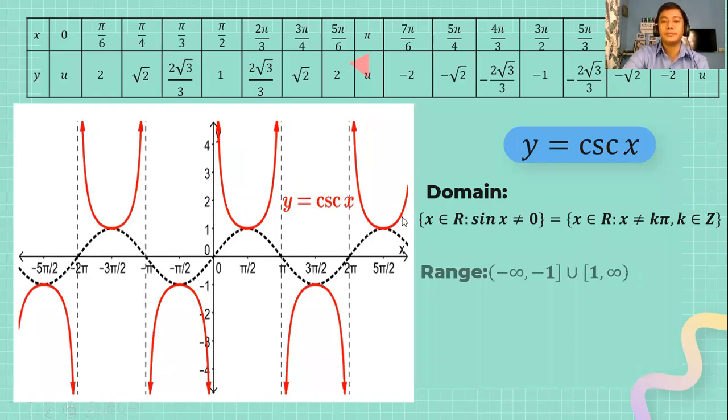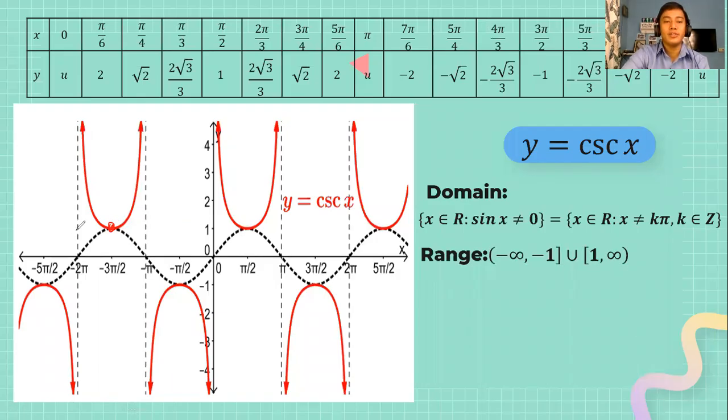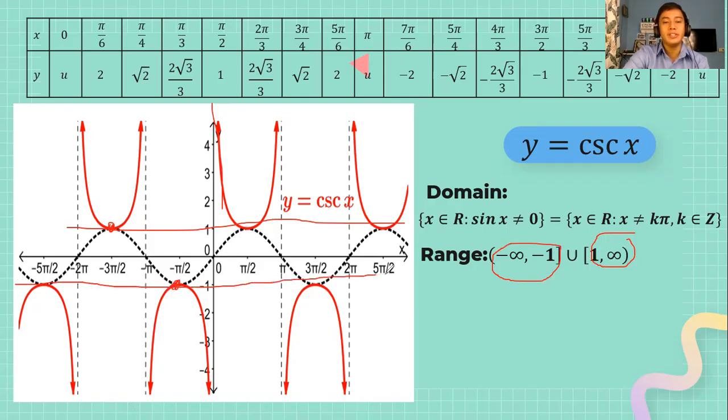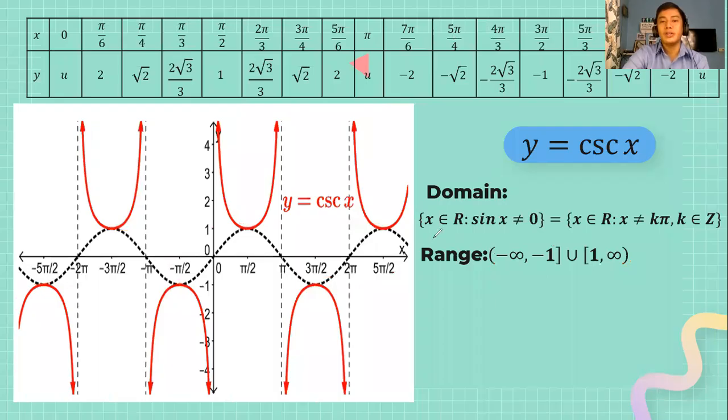For the range, as you observe, it starts from the value 1 to positive infinity. So that is your upper boundary. For the lower boundary, we have -1, all the points here, -1, then to negative infinity. So the graph only exists on these parts, no? All the real numbers except 0, pi, 2 pi, 3 pi, and so on.